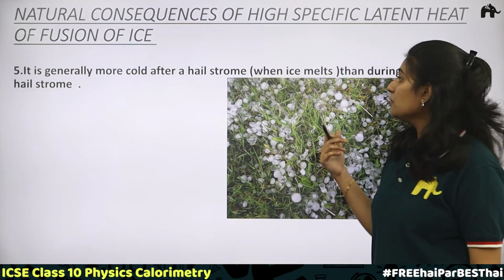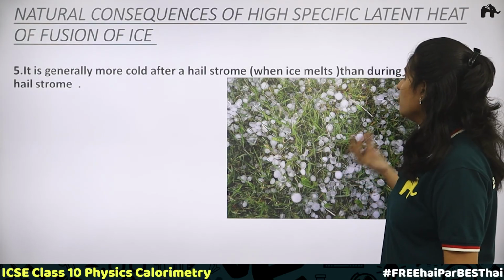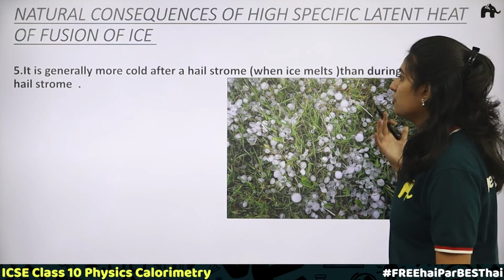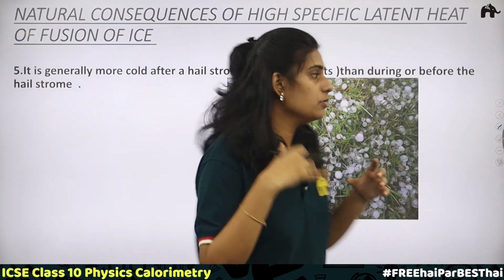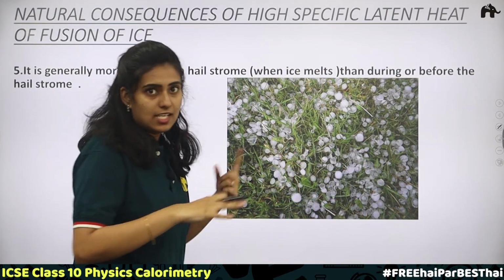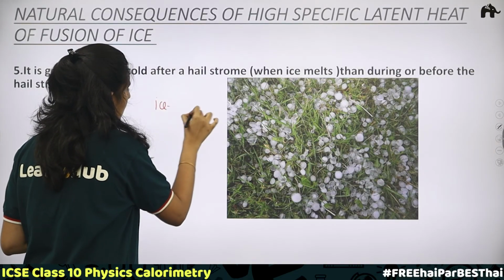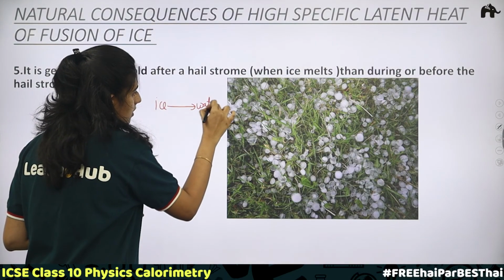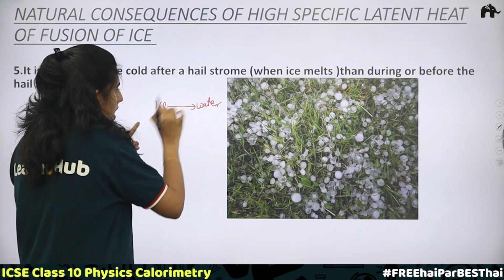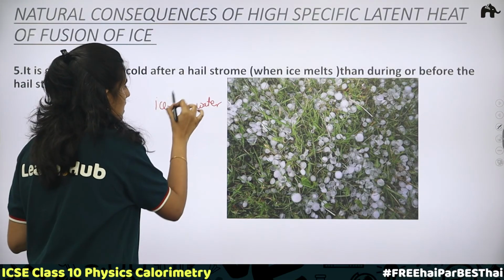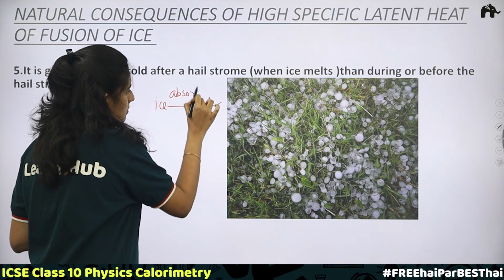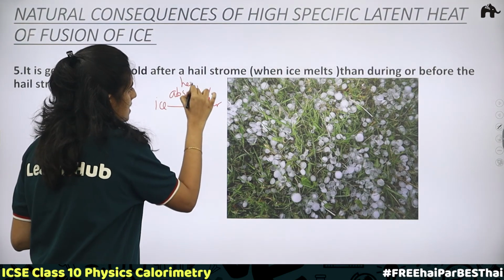It is generally colder after a hailstorm, when ice melts, than during or before the hailstorm. During or before the hailstorm, there is no change happening. But after a hailstorm, the ice will get converted to water. While ice converts to water, heat energy is absorbed.